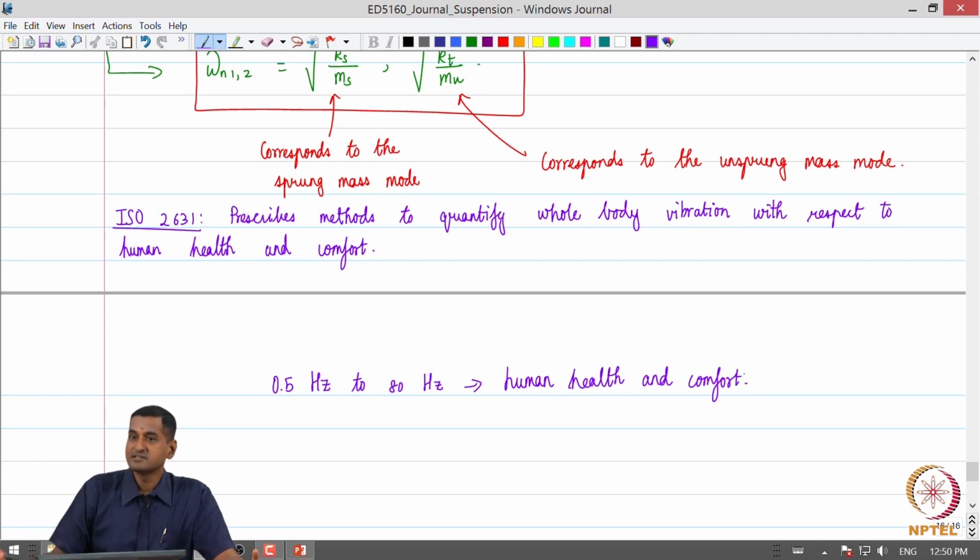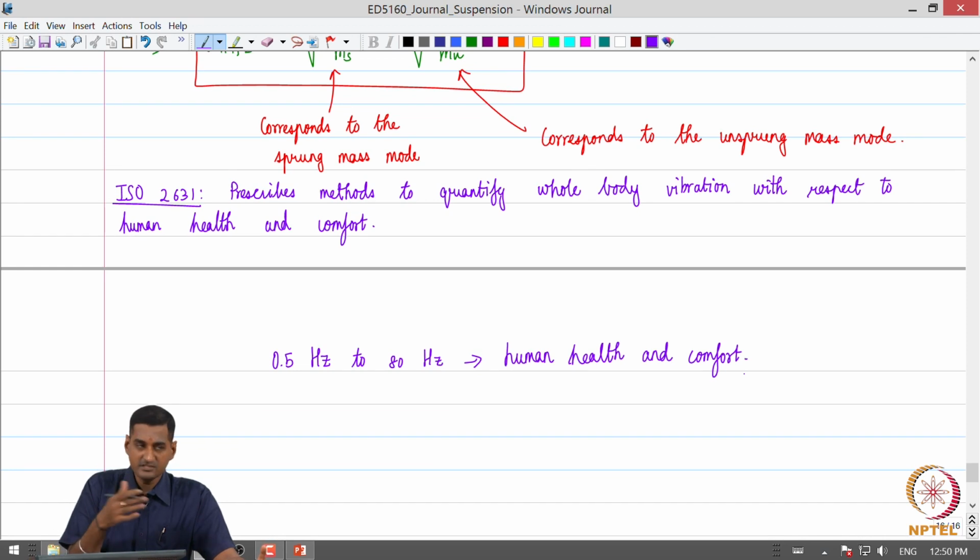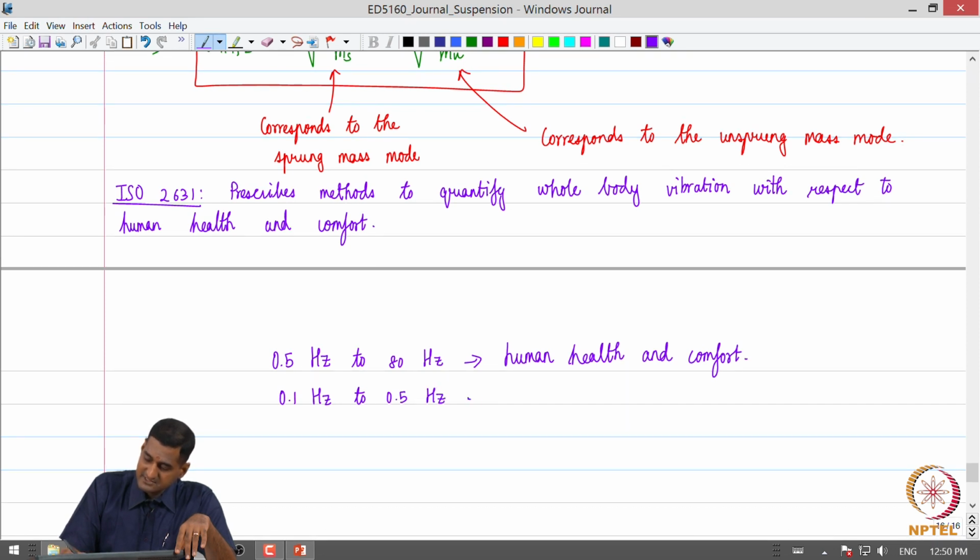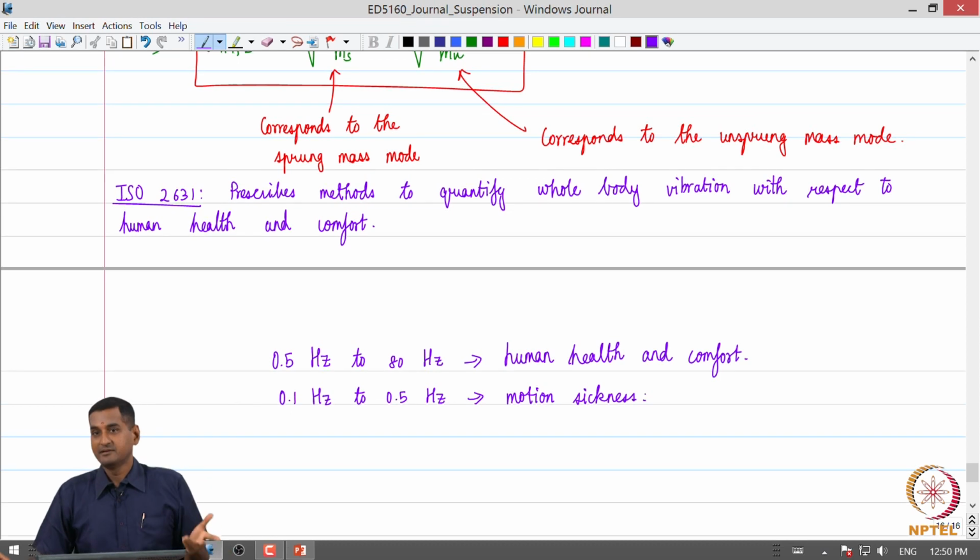We have to analyze in this particular frequency range to decide what is the impact of a vehicle's operation on human comfort. And when we are looking at a frequency range of 0.1 hertz to 0.5 hertz, we will be evaluating the impact on so called motion sickness, right.